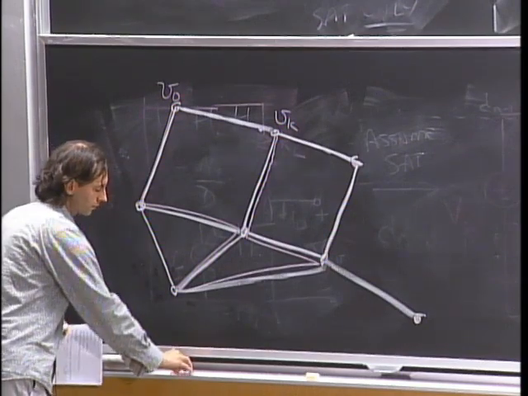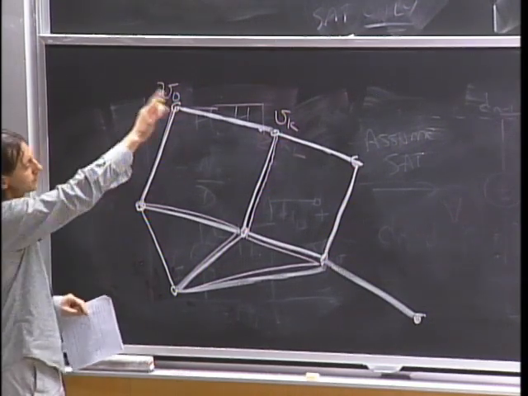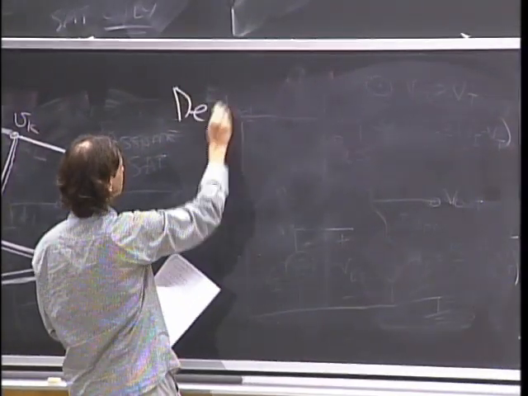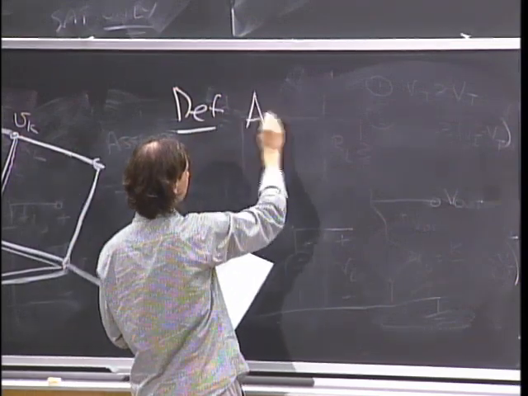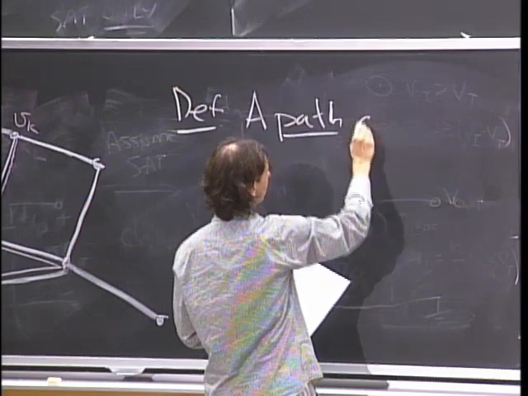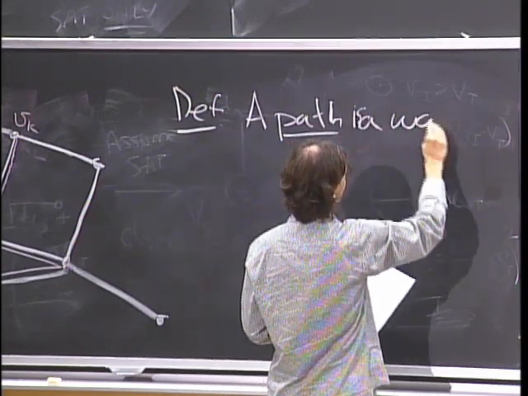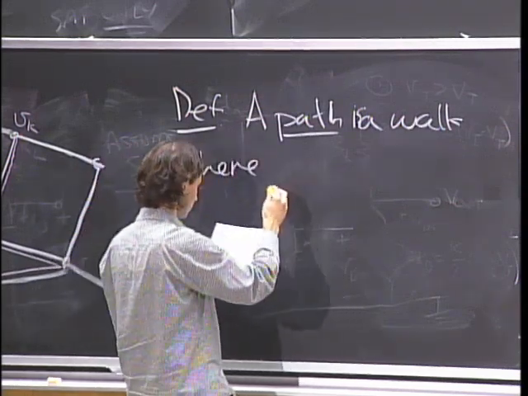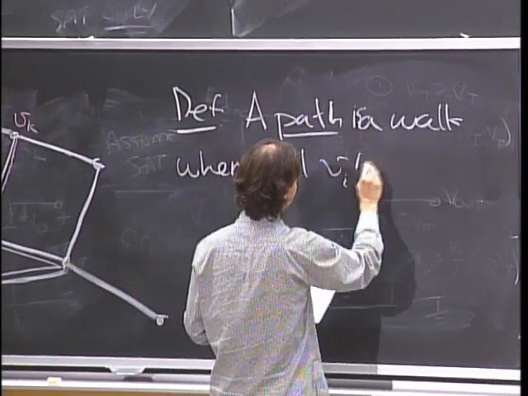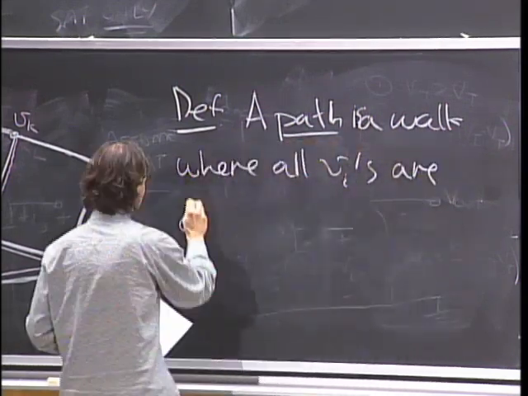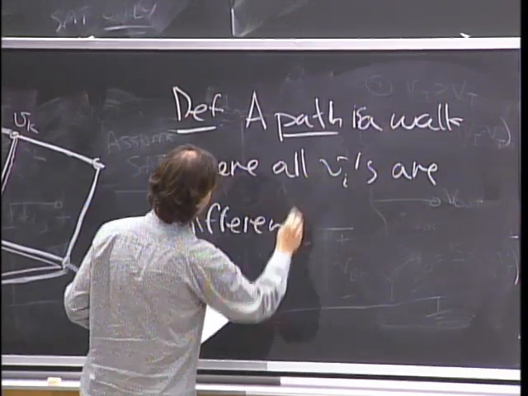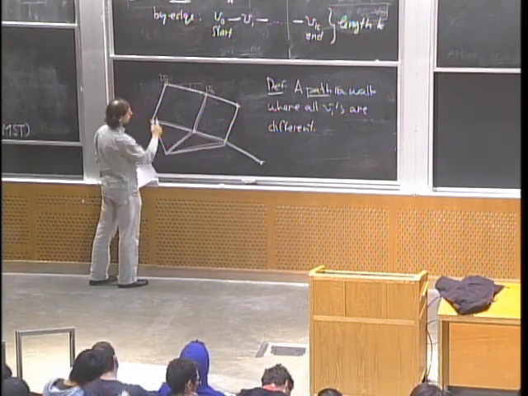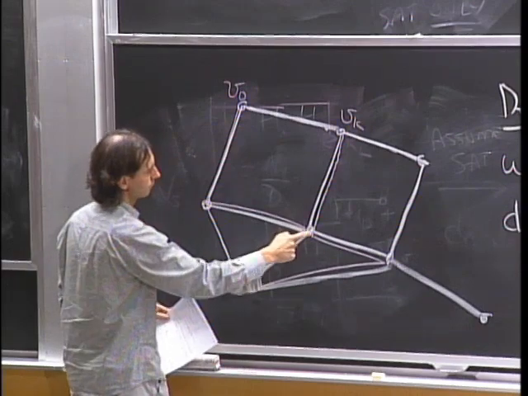So if you talk about the path, then we really want all the different vertices not to occur twice. So let's define this. A definition is that a path is actually a walk where all vertices, the vi's, are different. And in this particular case, for example, if we strip off this part over here, you will get a path from v0 to here, to here, to here.